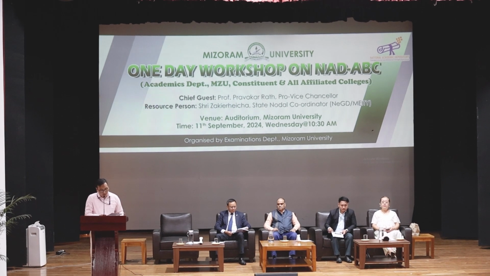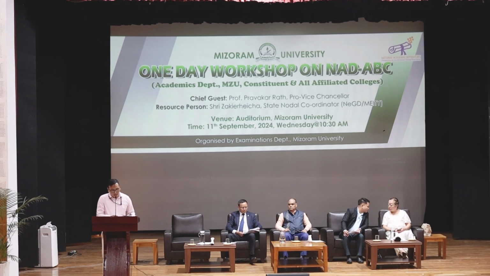Institutes award credits upon achieving learning outcomes, supported by the NAD, that is the National Academic Depository. ABC offers students flexibility and ensures secure and transferable recognition of academic achievements across institutions. That's the end of the brief overview of the ABC.